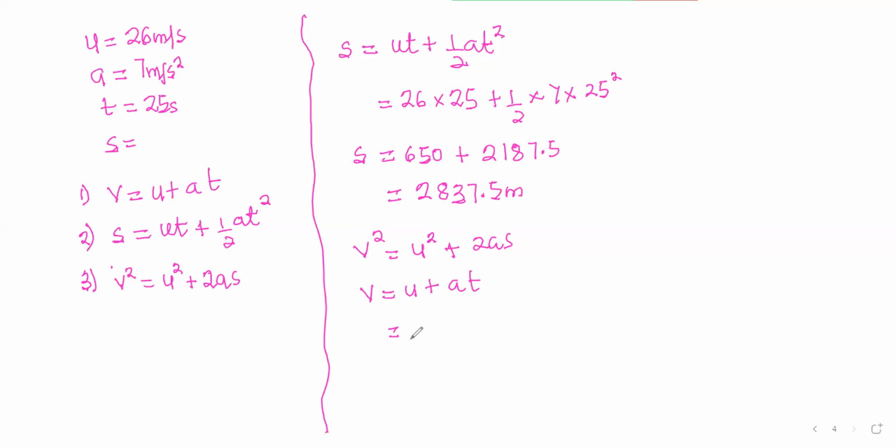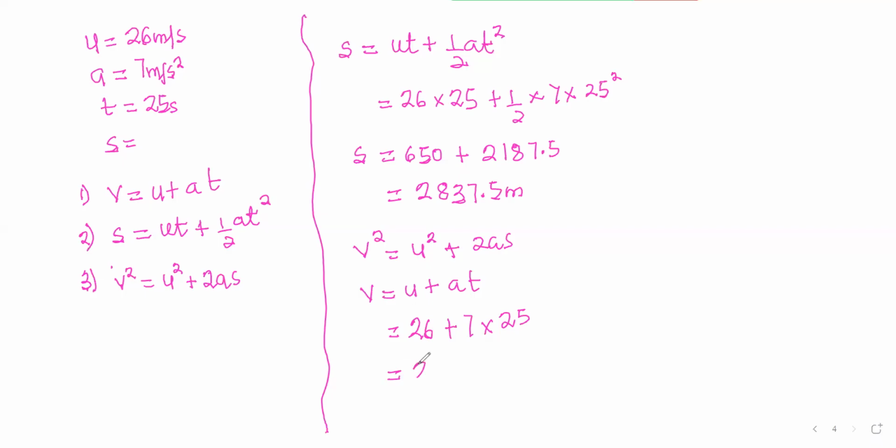What's your answer for V? 201. So let's see. There's another hand up, and that is Pascaline. Pascaline, what's your answer? 201. Okay, so I think it must be around the same figure. So let's see. We have 26 plus 7 by 25.